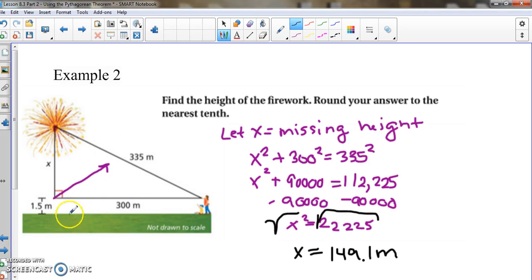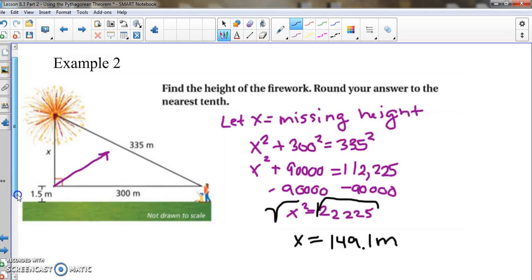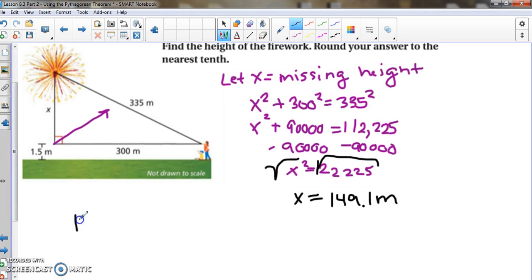We want the total height of the firework. So the last thing that we have to do is factor in that 1.5. So we're going to do 149.1 plus 1.5. And that will give us our total height of the firework. So 149.1 plus 1.5 gives us 150.6, and we know our answer is in meters.